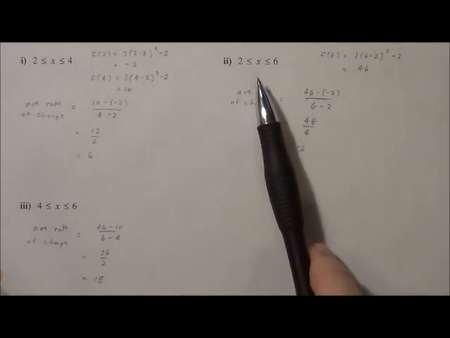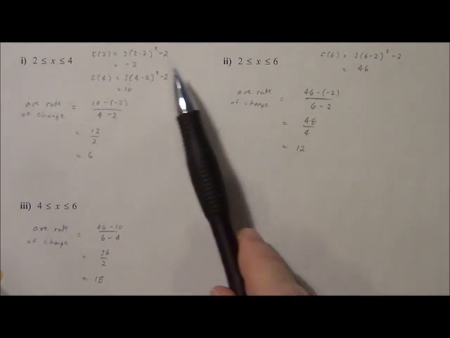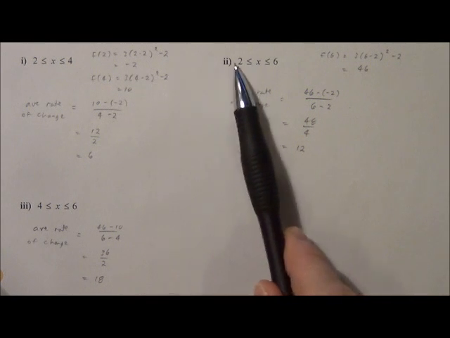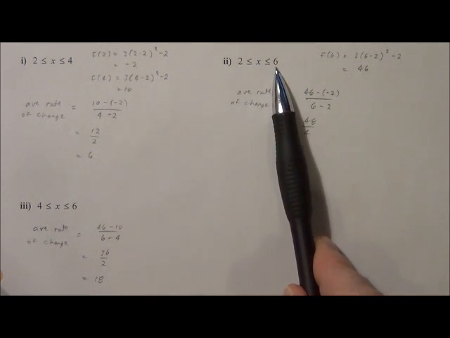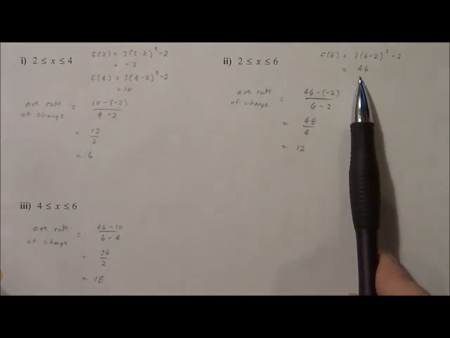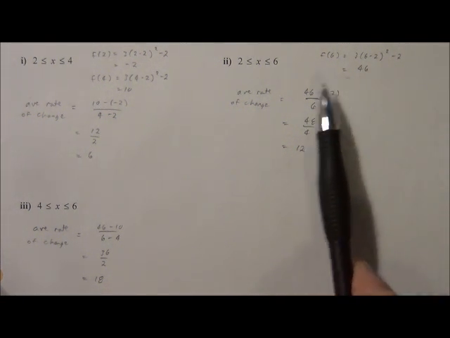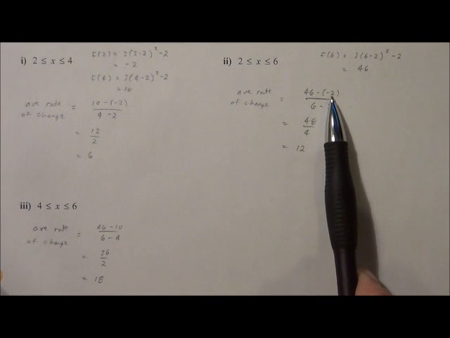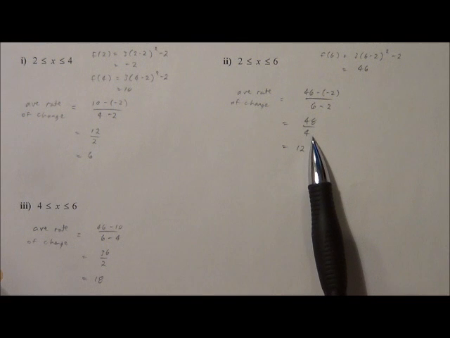Okay, so we know f of 2, which we calculated over here, is negative 2. For 6, f of 6 we need to calculate, and you substitute 6 into the function and we get 46. So then the average rate of change is 6 minus negative 2 divided by 6 minus 2, which is 48 divided by 4, which is 12.